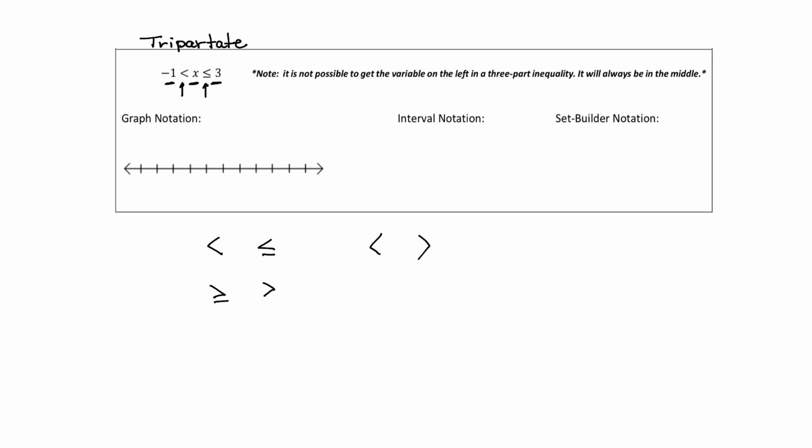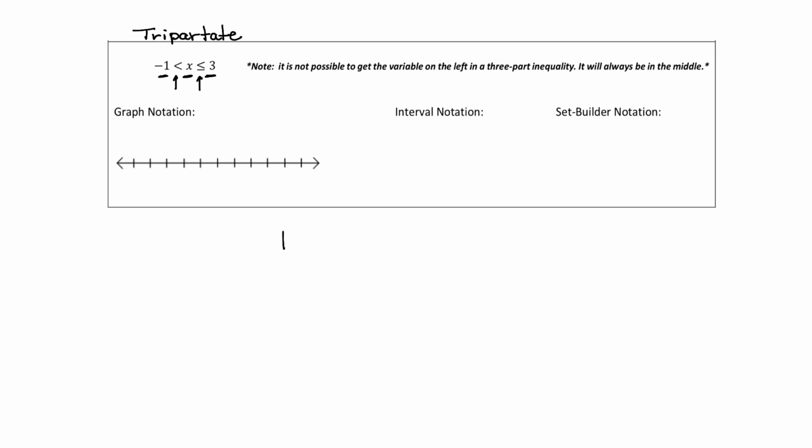Okay? So, for example, not using algebra for a second, if I said 1 is less than 2, which is less than 3, if I were to take the 3 off, that makes sense, right? I'm actually going to scribble it out. Here we go. 1 is less than 2. That makes sense. If I were to take the 1 off, 2 is less than 3.